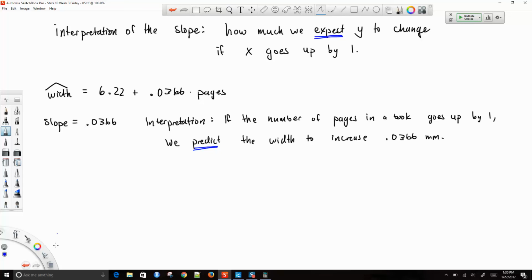Okay, so that is the slope. This value, 6.22, is our intercept. The intercept is 6.22. And the meaning of the intercept is our prediction for y if we plug in 0 for x.